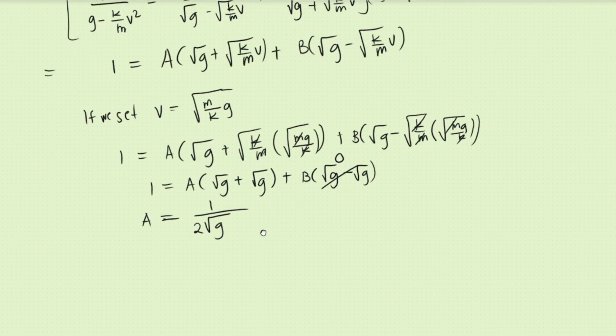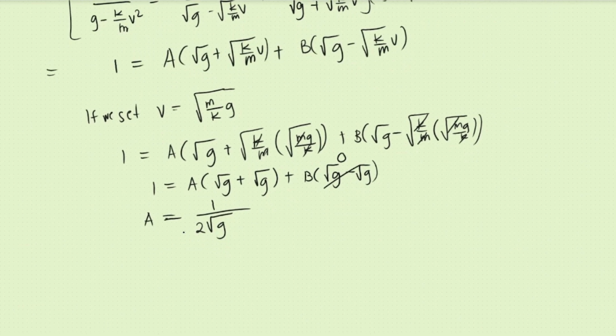So same thing, we're looking for the value for our b. We set v equal to negative square root of mj over k.